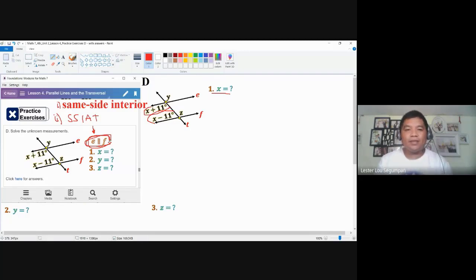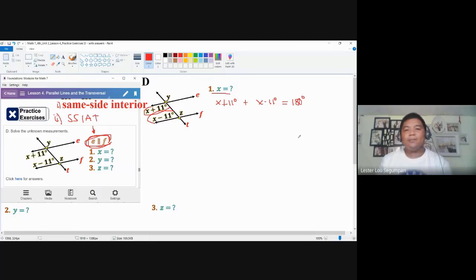If we say supplementary, that would mean that if we add their measurements, we have x plus 11 degrees plus x minus 11 degrees. They must sum up to 180 degrees because that is what the term supplementary is telling us.